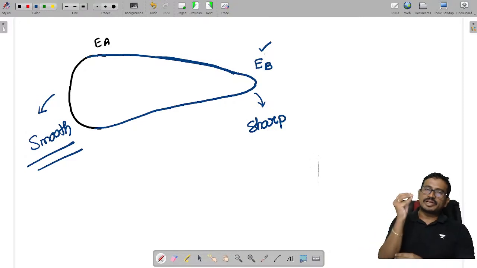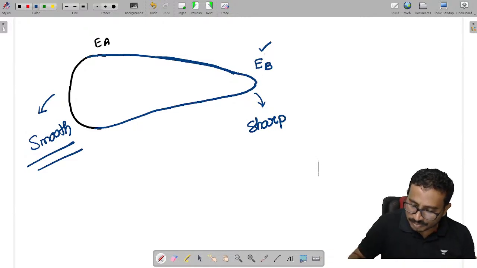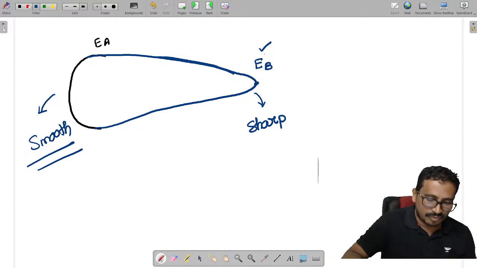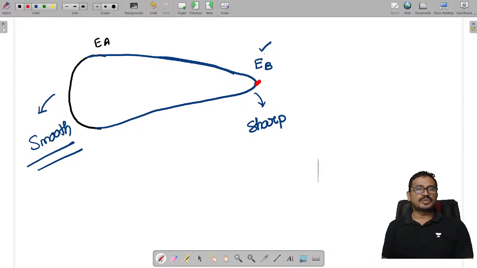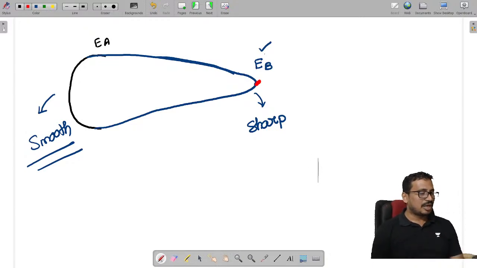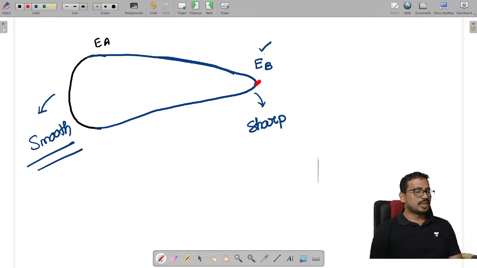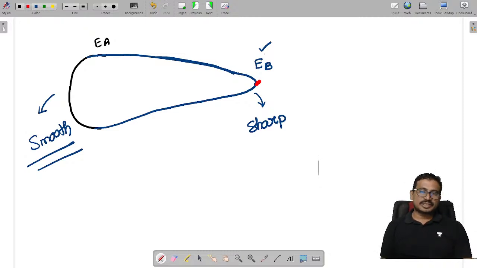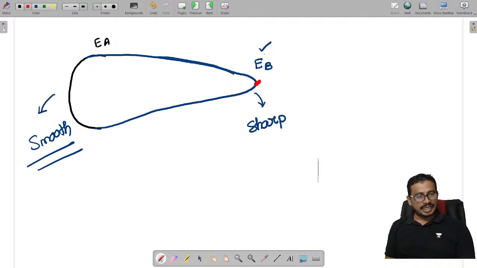Because of that, corona discharge will occur at the sharp locations compared to smooth locations. It can ionize the air particles.